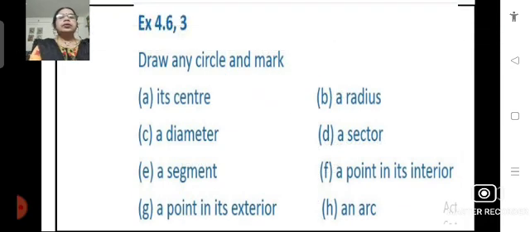Now question number 3. Draw any circle and mark its center, a radius, a diameter, a sector, a segment, a point in its interior, a point in its exterior, and an arc.